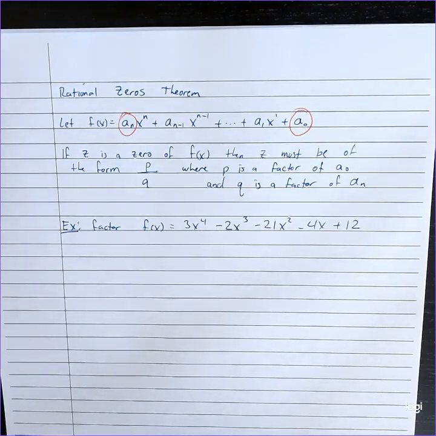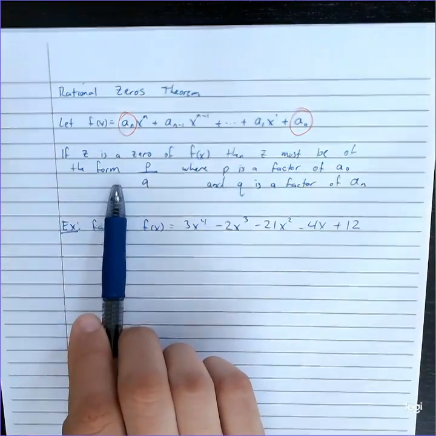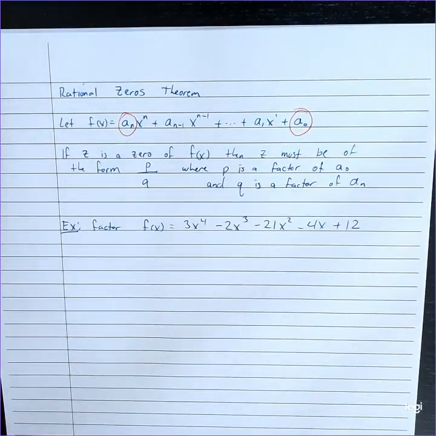Here what we want to do is find a zero of our function, because once you can find a zero, that will help you start with the factorization. You say, well, how could I find a zero? It could be any number. Well, that's what the rational zeros test does. It helps you narrow down the possibilities.